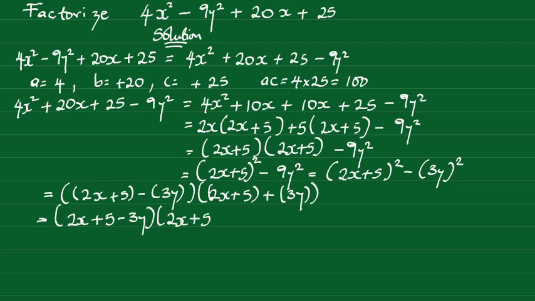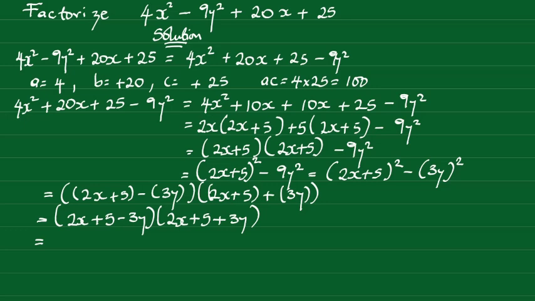plus 3y bracket close. Just proceed to make our answer pretty much look like what we have in our option, that's for those who have the question paper with them.